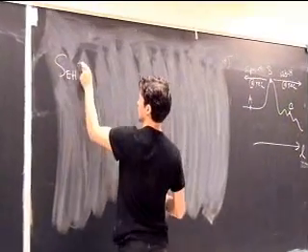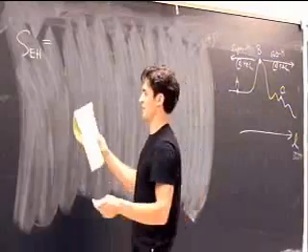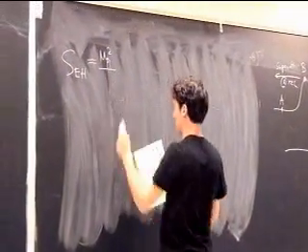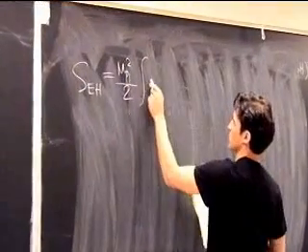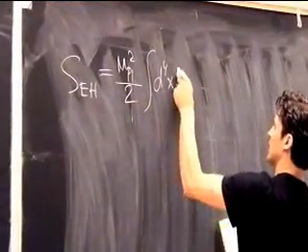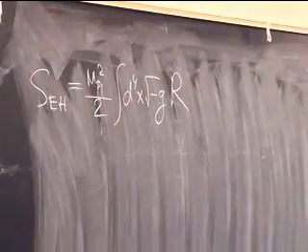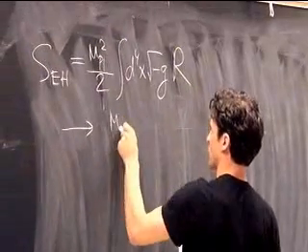Okay, so the action for the tensor perturbation comes purely from the Einstein-Hilbert action. Now let me introduce the Planck mass, because here we want to keep track of dimensions a little bit more carefully. So I just start with the action for gravity, and you expand this to second order in perturbations of the metric.